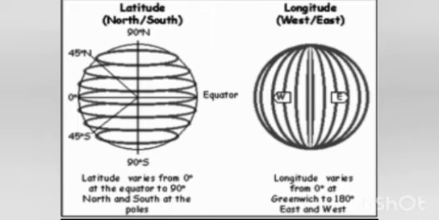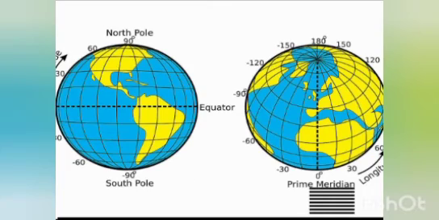Next, latitudes and longitudes are imaginary lines drawn on maps and globes to easily locate places on the earth. Latitude is the angular distance north or south of the equator, an imaginary circle around the earth halfway between the North Pole and the South Pole.